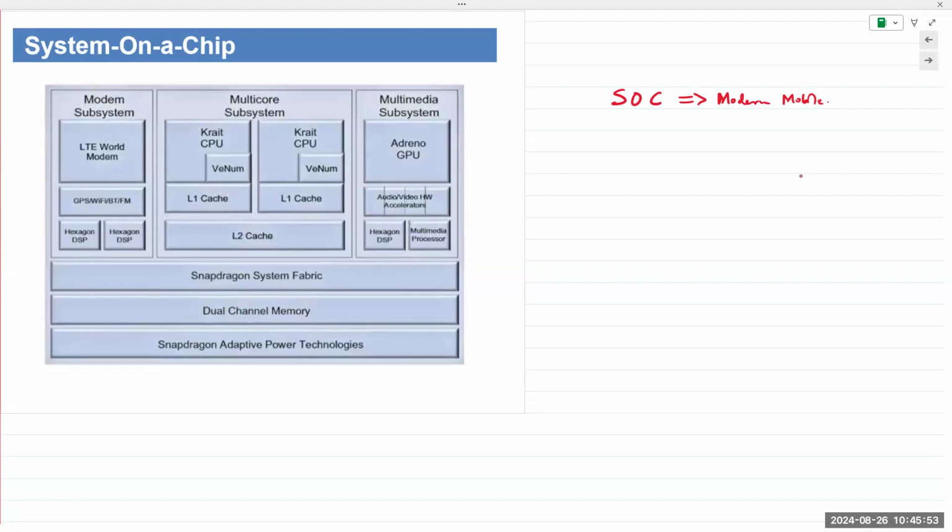So if you take a laptop or if you take a desktop, more often than not, it will have the RAM memory separate, the modems that are used to communicate with the outside world are separate. More often than not, the graphics card, the graphics chip is also separate.